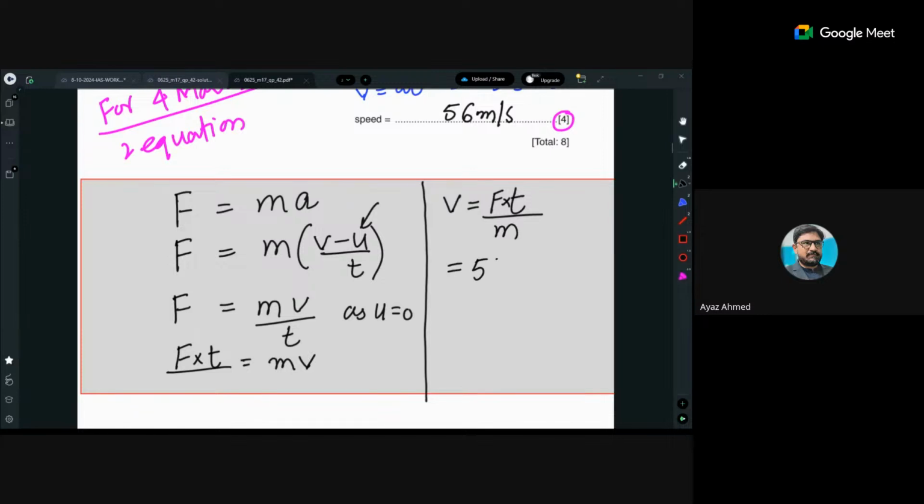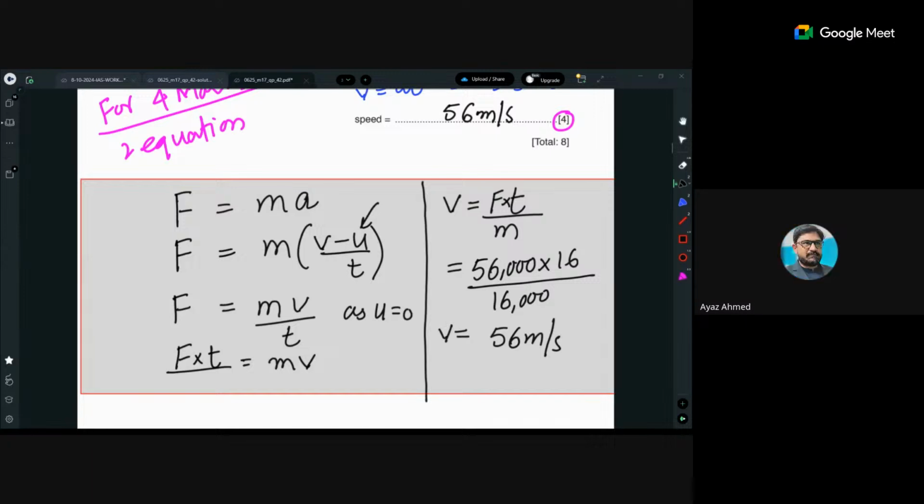So from here your final velocity is F into t divided by m. So it is 56000 into 16 seconds divided by 16000. You will get the same answer, 56 meters per second. Calculate it. Done?